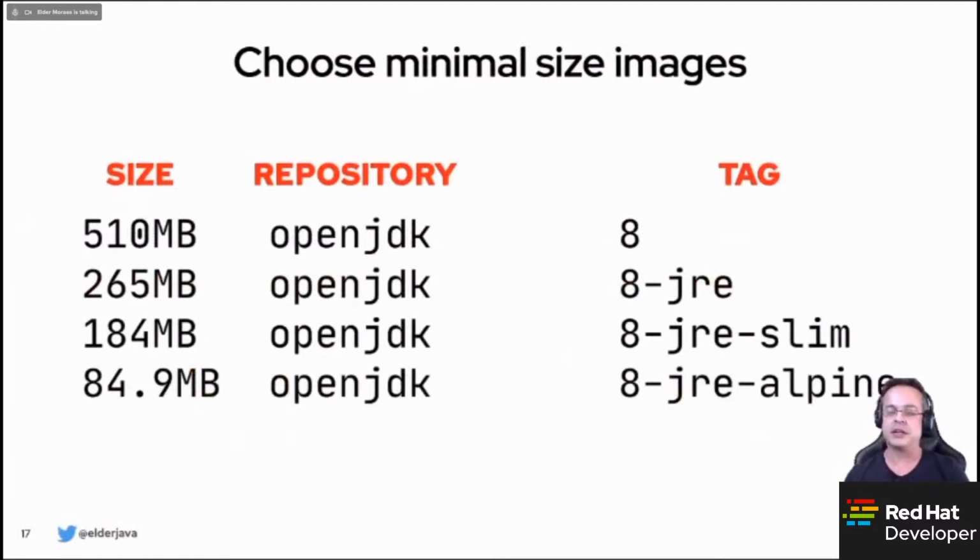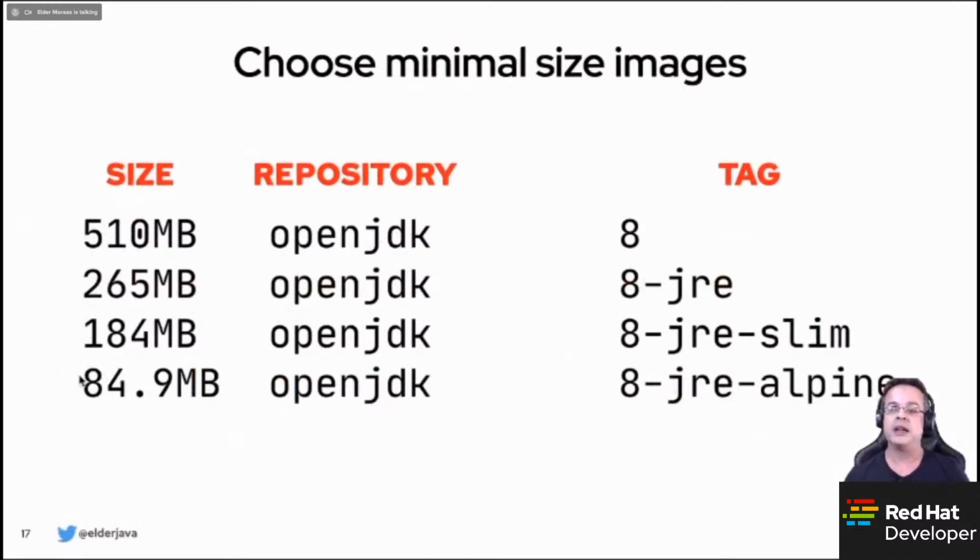Another aspect for image sizes is to choose minimal size images. Okay, here I have a comparison between OpenJDK 8 variants. If you are using just plain 8, it's a 500 megabytes image size. And if you are using Alpine, it is the shortest one, 85. So it's almost 400 megabytes of difference.